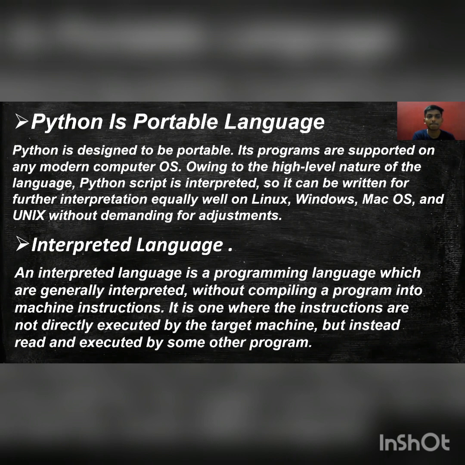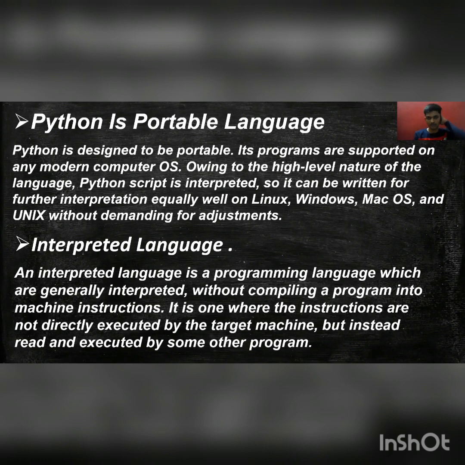Next, Python is an interpreted language. What is meant by an interpreted language? An interpreted language is a programming language which is generally interpreted without compiling a program into machine instructions.